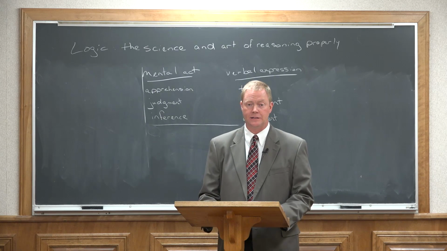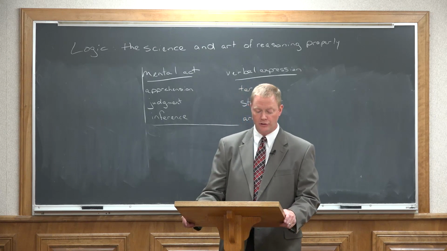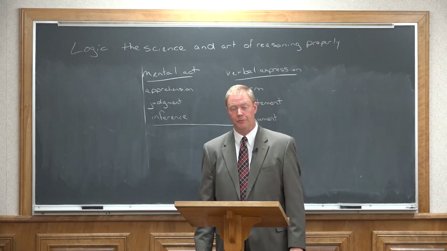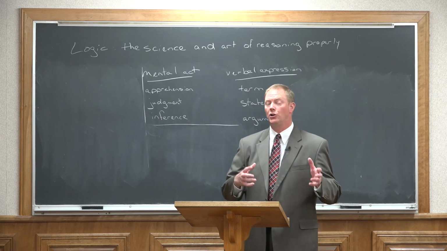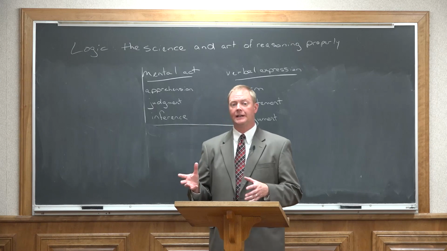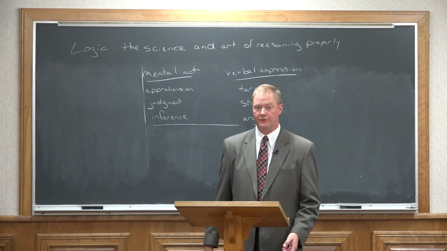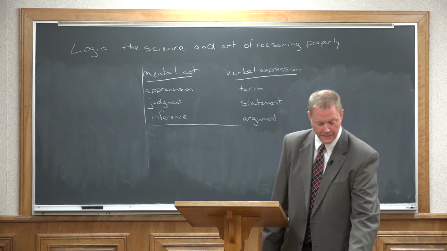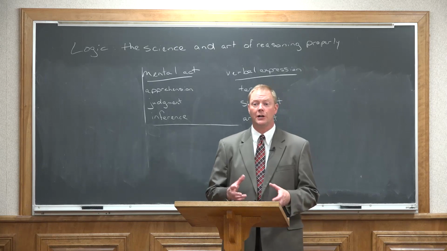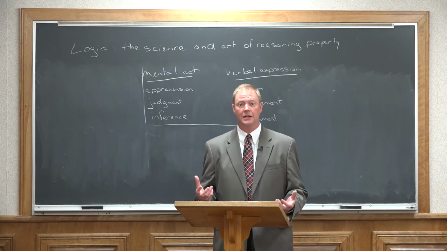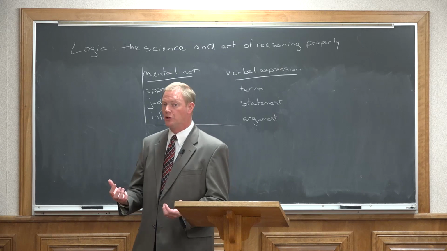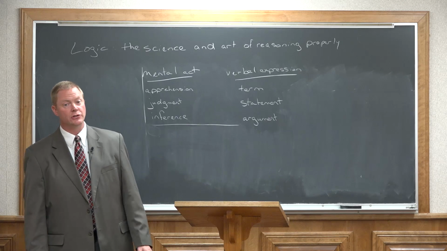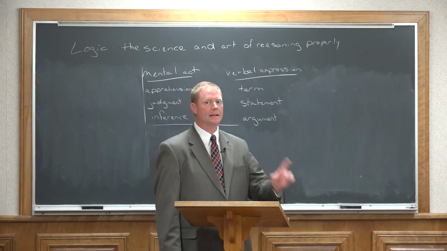When we're looking at arguments, we need to learn to identify the conclusions and the premises. And so there are some key words that we can call premise identifiers and keywords that we call conclusion identifiers. The premise identifier, when you see these words in any kind of argument, whether it's in a formal setting like a syllogism or just in everyday conversation, understand that someone is making a logical argument.